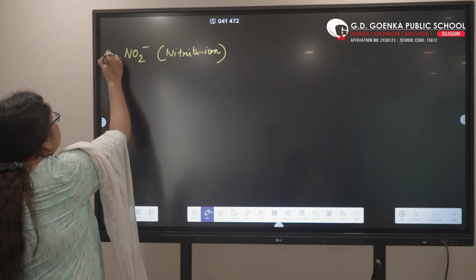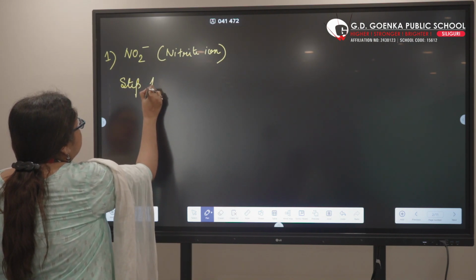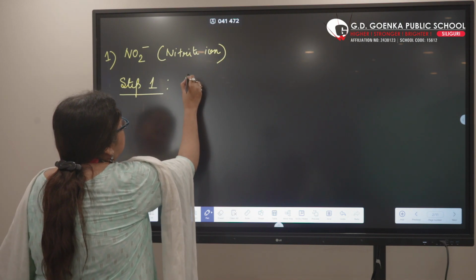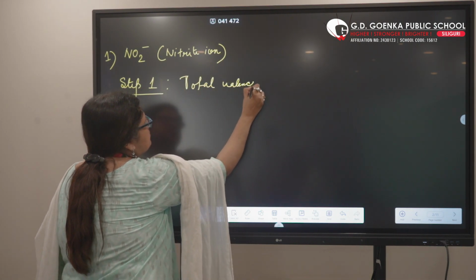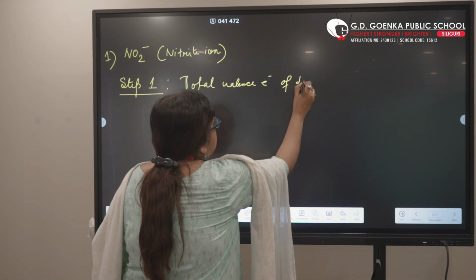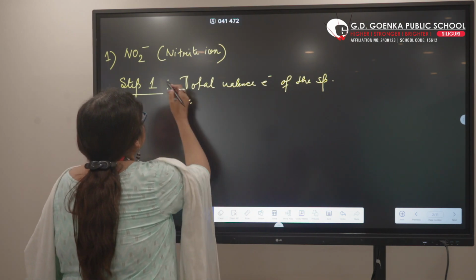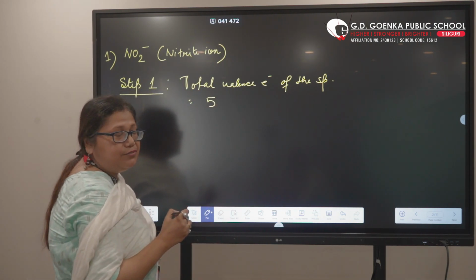So this is our first species, the nitrite ion. What was the rule? Step 1 is to calculate the total number of valence electrons. So total valence electrons of the species equals nitrogen, number of electrons in the valence shell 5.